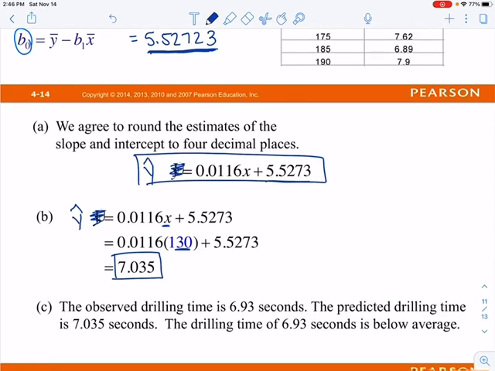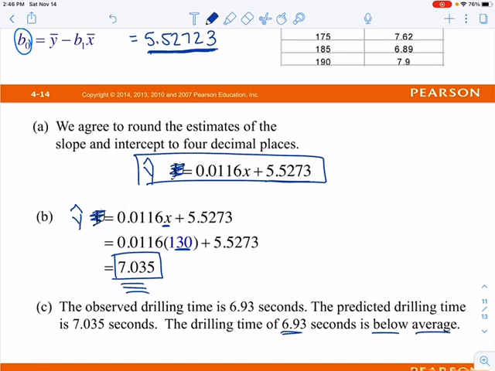So the observed drilling time is 6.93 seconds, and the predicted drilling time is what we just found right here, which is 7.035 seconds. So that means the drilling time of 6.93 is below average.